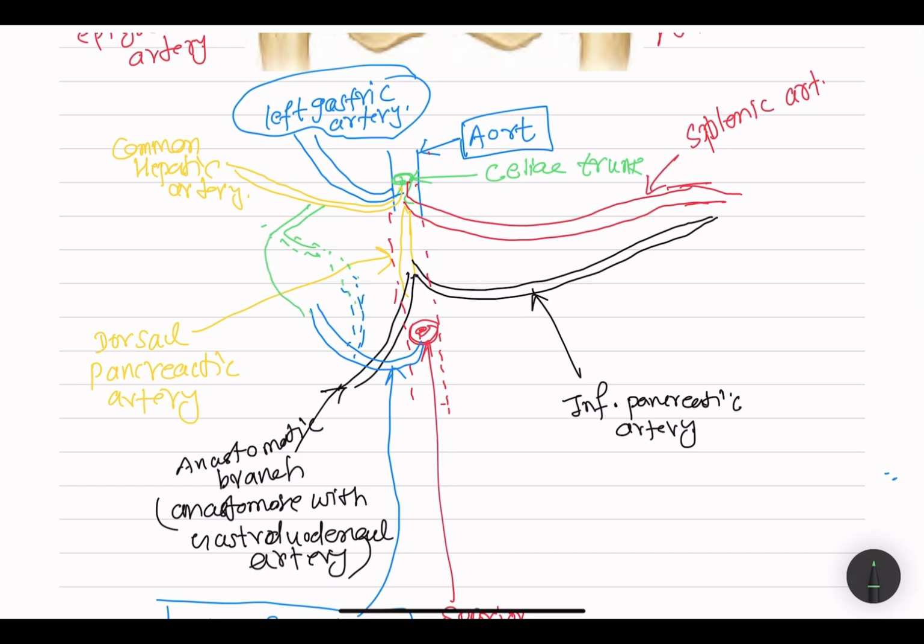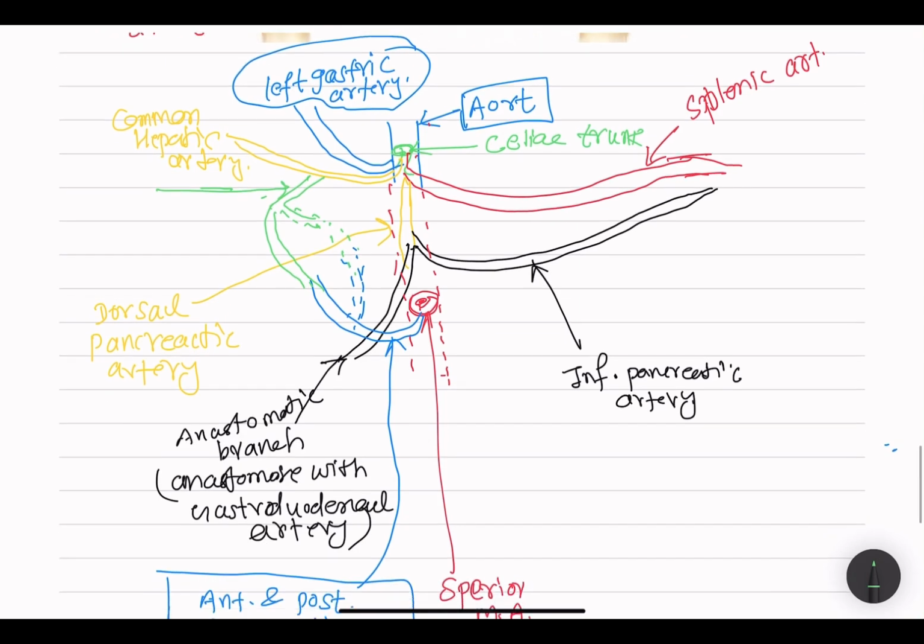This is the anterior, which anastomoses with the anterior part, which is coming from the junction of the common hepatic artery, and it goes through the duodenum.